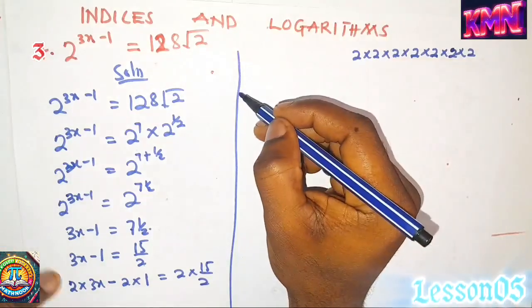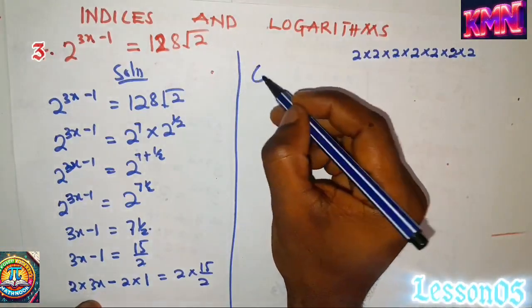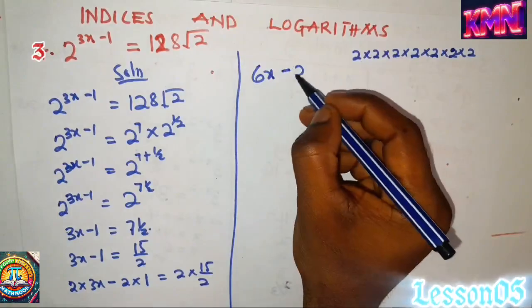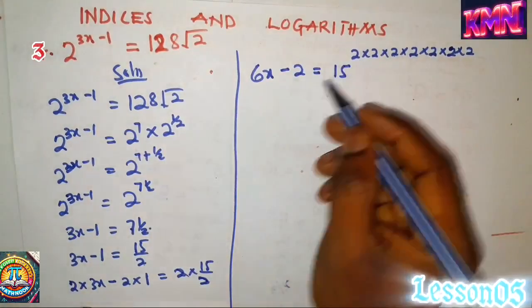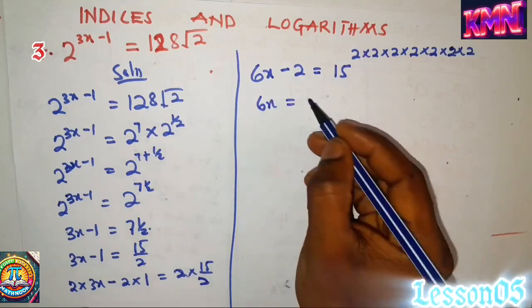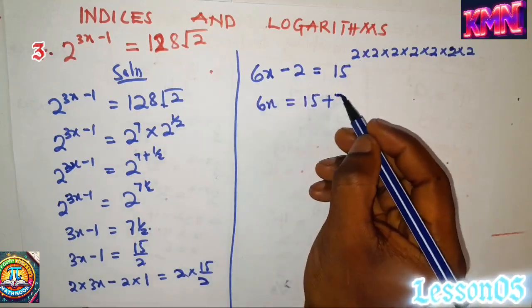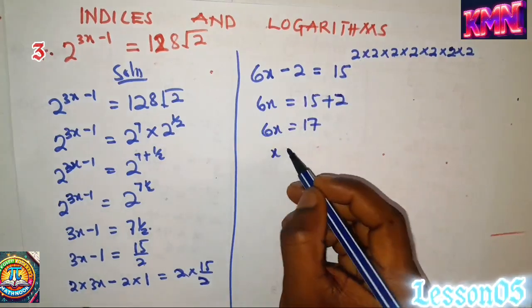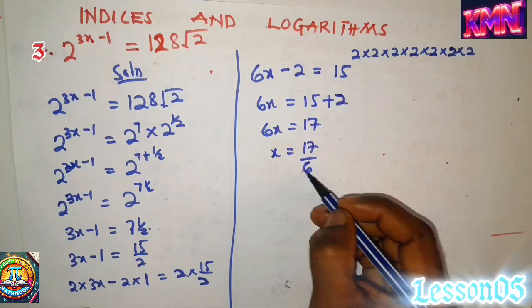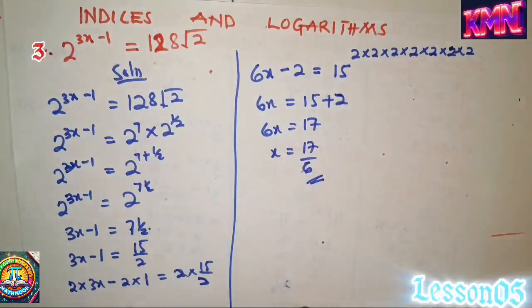This produces 2 times 3x is 6x, and minus 2 is equal to, let's cancel that, and that will be what? 15. So 6x is equal to 15 plus 2. 6x is equal to 17, and hence x is equal to 17 over 6. That is that.